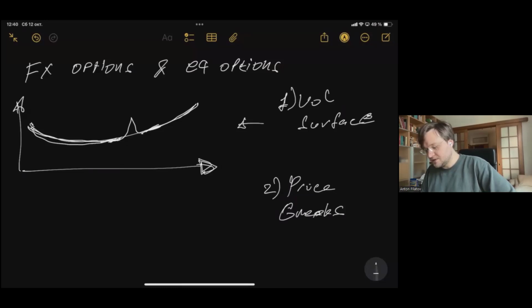What are Greeks? Greeks are basically derivatives of the price with respect to some market metrics. Say the easiest one is, for example, if you price an option written on some stock, say Apple, what you want to know is, if the stock goes up 1%, how much will the price of the option change?